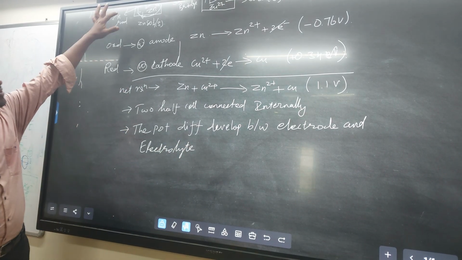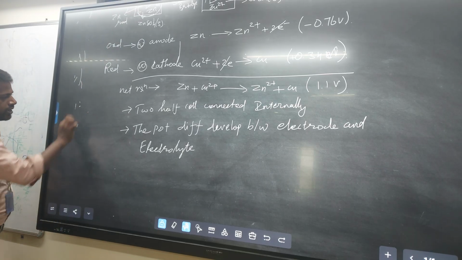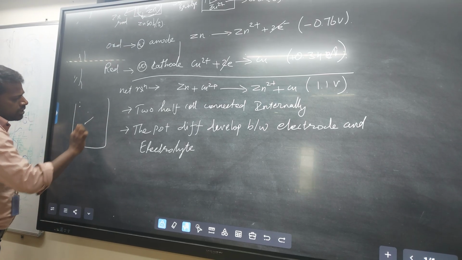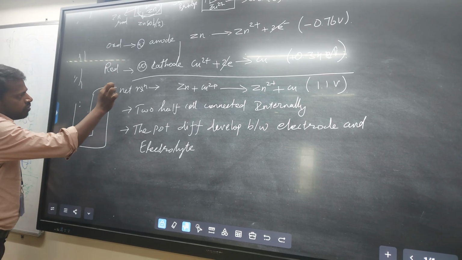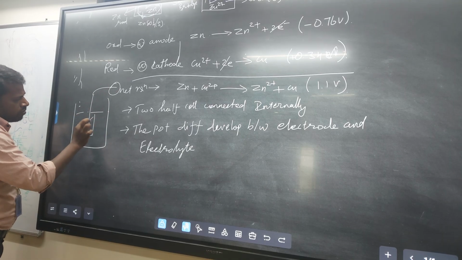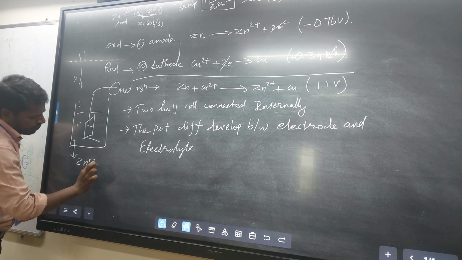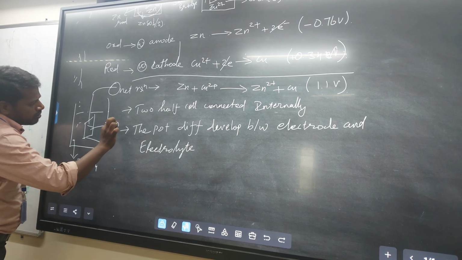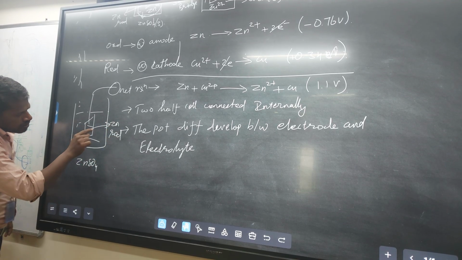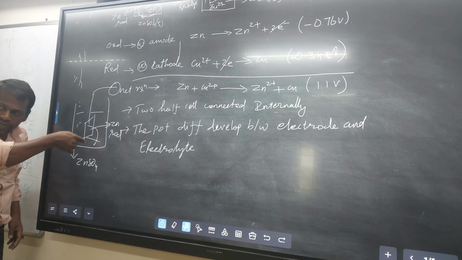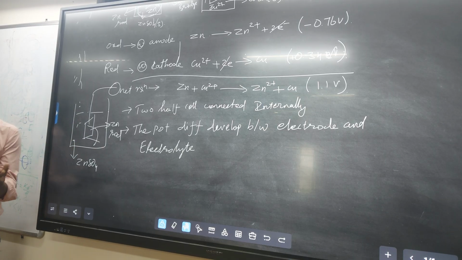So the potential difference is there with the electrode, and here the zinc rod is there, in zinc sulfate solution. This is a zinc rod, right? So the potential difference will be there between that electrode and electrolyte.